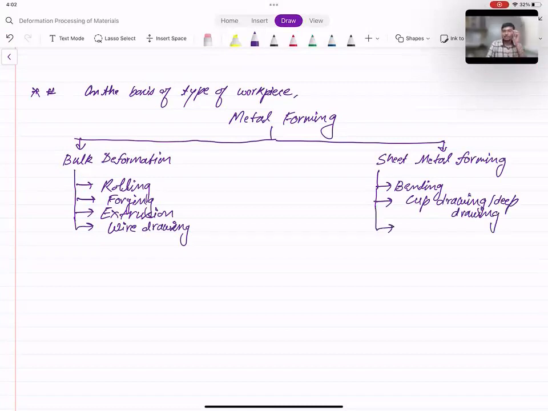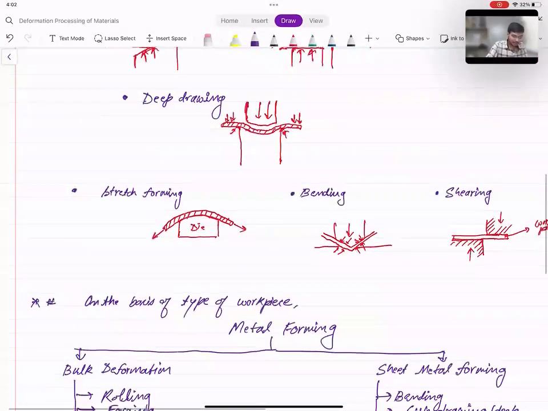And one more is shearing. Shearing also falls into this category only. Okay, so this is the classification of these processes based on the type of workpiece being worked upon. So this was the classification of various processes.